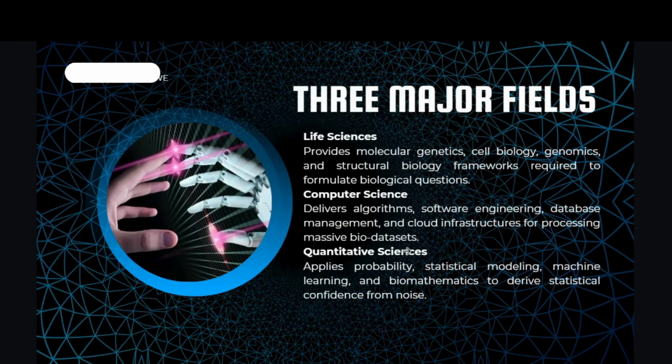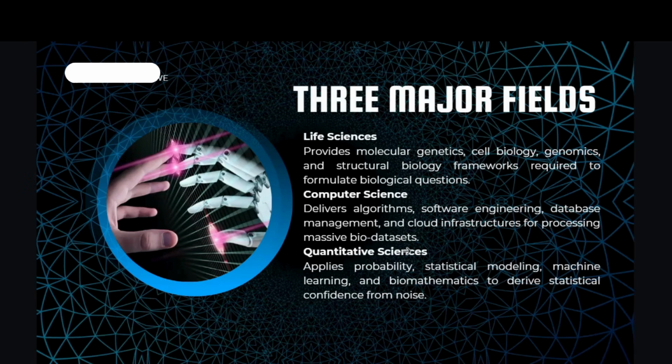In science, there are three major fields: life sciences, which provides molecular genetics, cell biology, genomics, and structural biology frameworks required to formulate biological questions. So basically, using life sciences, we can create biology related questions. In computer science, this field delivers algorithms, software engineering, database management, and cloud infrastructure for processing massive bio data sets.